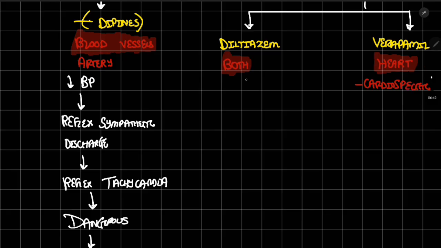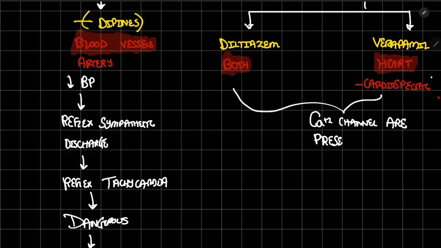We have seen that diltiazem acts on both and verapamil acts only on the heart. The calcium channels are present on the SA node and AV node, and in diltiazem we additionally have the blood vessels. If we block the SA node, what will happen?